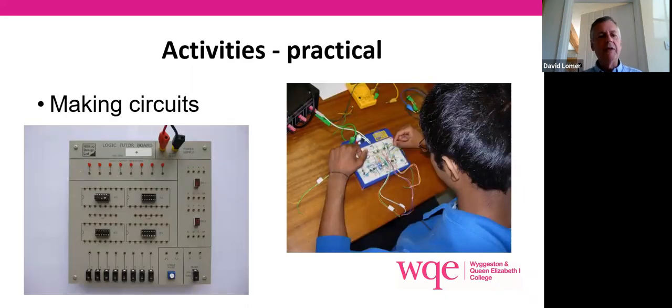So the sort of things that you might be doing in a lesson come into 2 categories. One is practical work, and you'll be doing a lot of practical work.